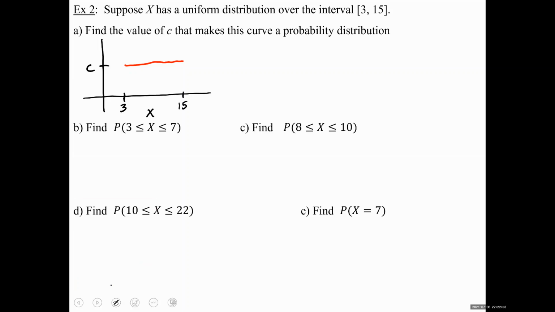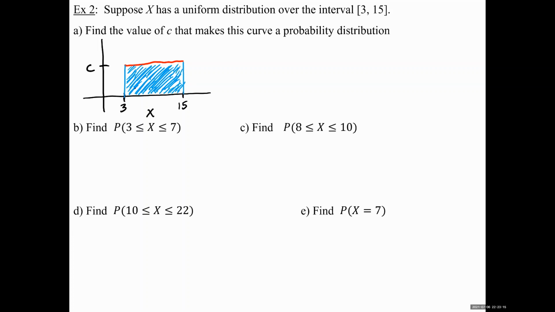So I'm going to go from the start of the curve, from 3 up to the curve, 15 up to the curve, and I'm going to shade below the whole curve above the x-axis between these lines. This area that I'm shading here has to equal 1.